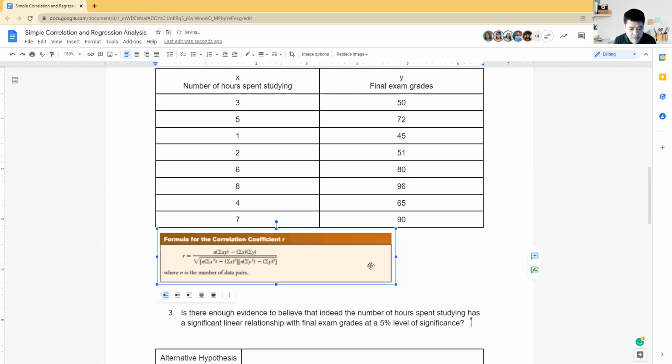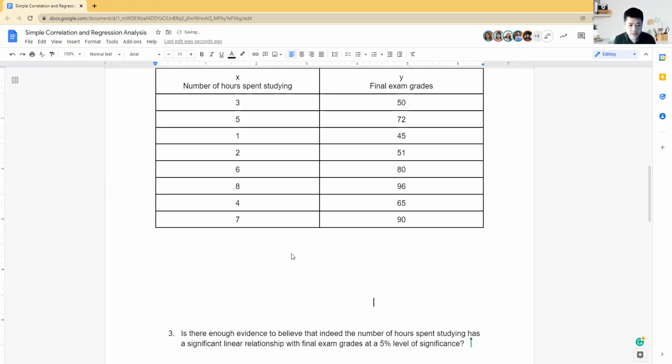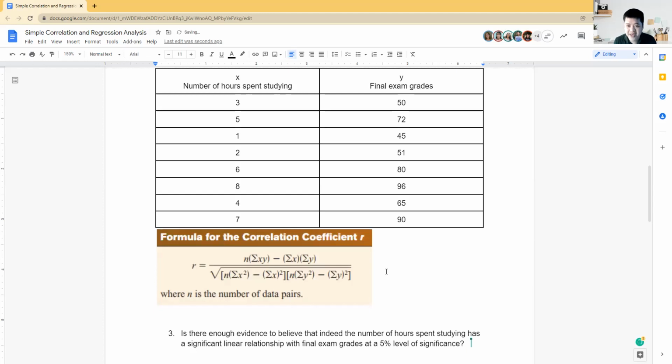Kunin ko yung pinaka-formula, yung maliit na part para mas malaki siya. There you go. Okay, so ano yung mga kailangan natin?